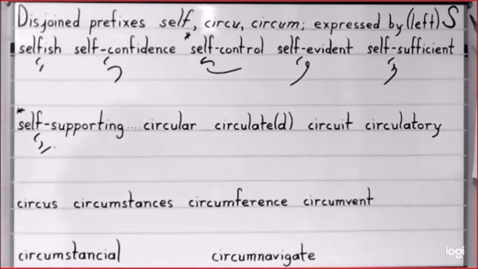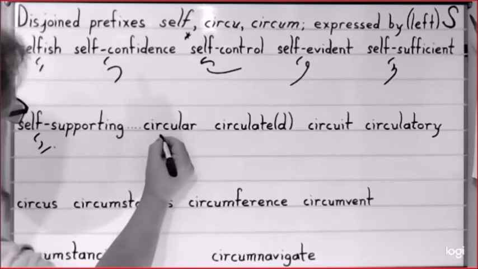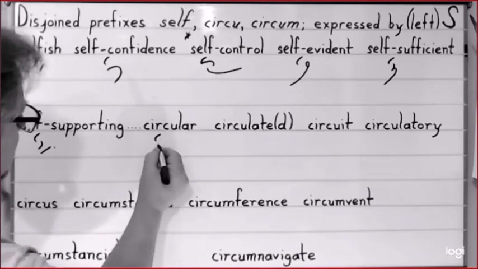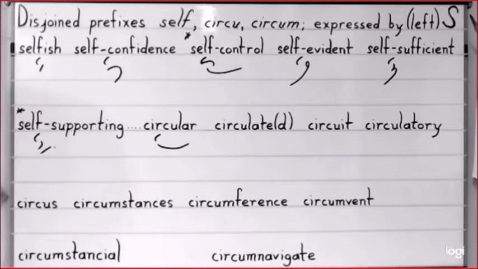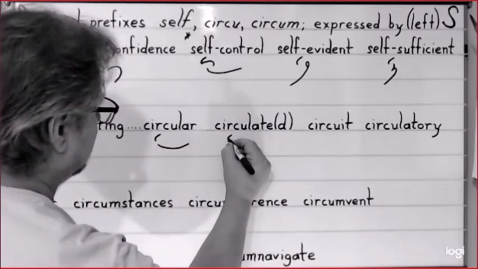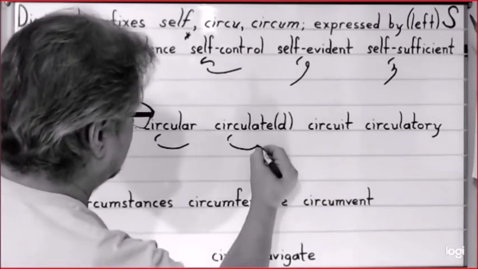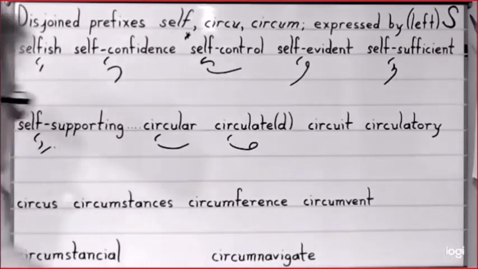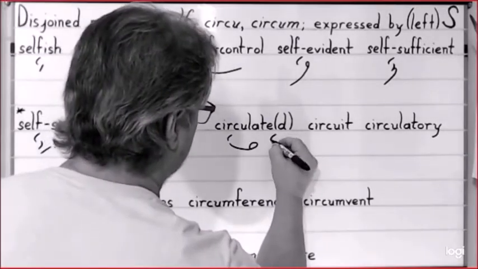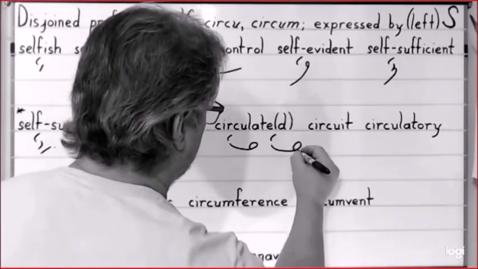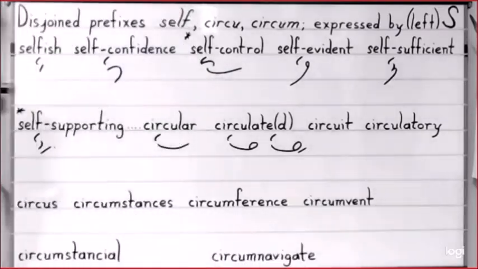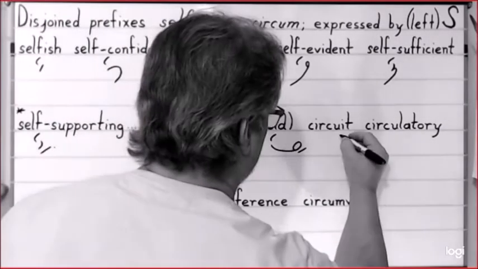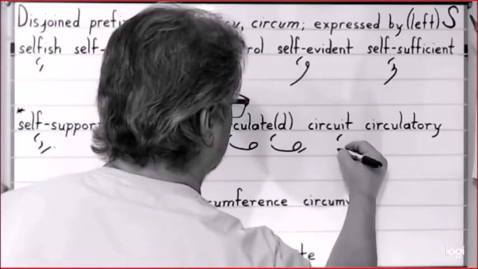The word circular, it is an S and then an L. For circulate, it is the S and then an L, A. For circulated, it is the S, L, A, and then a T in the past tense. For circuit, it is an S and then a T.